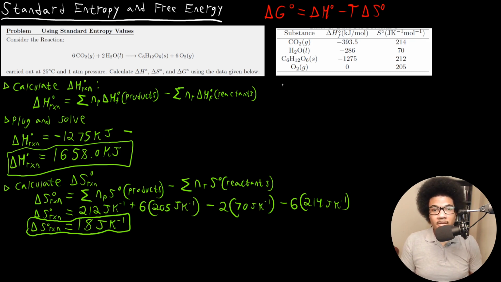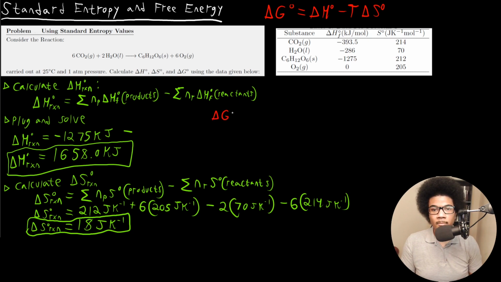So if we plug this in, we can say that delta G is going to be equal to our enthalpy, which is 1,658 kilojoules. And let me actually write this off to the side so I have more space.